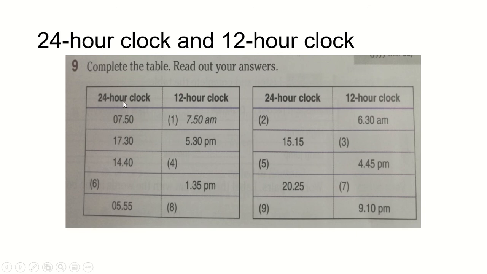Here, in the 24-hour clock, it's 7:50. So this is before 12 o'clock in the afternoon. If we are using a 12-hour clock, we will see the letters AM, morning. So here it's the same number. The only difference is just adding the AM. Here we don't add.